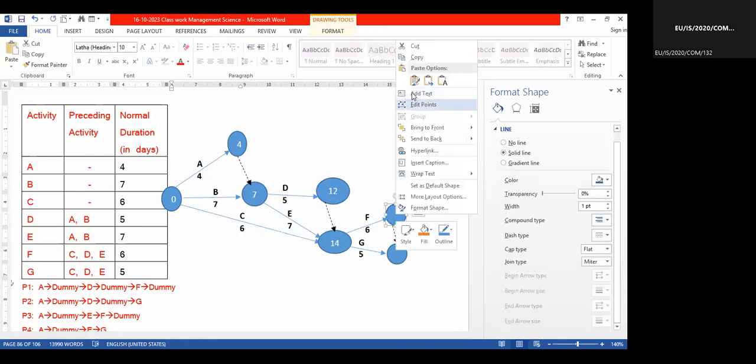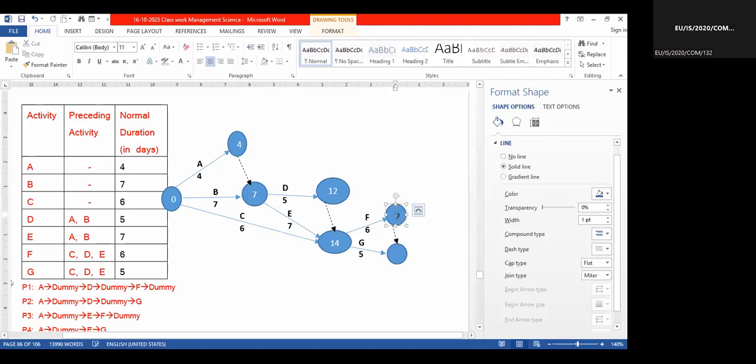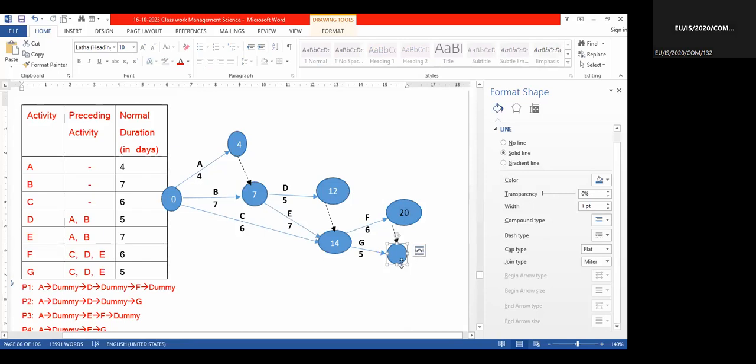20. So 20. Now 14 plus 5, how much? 19. So whether you will consider 19 or 20. 20.